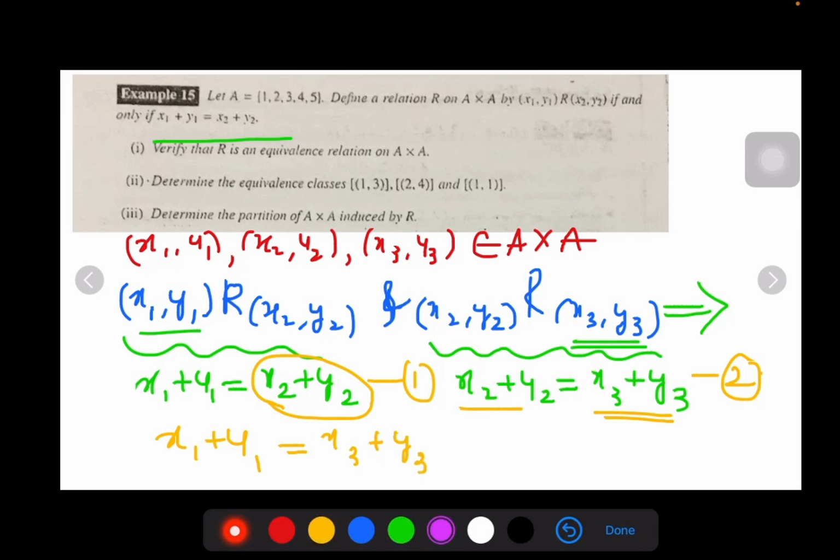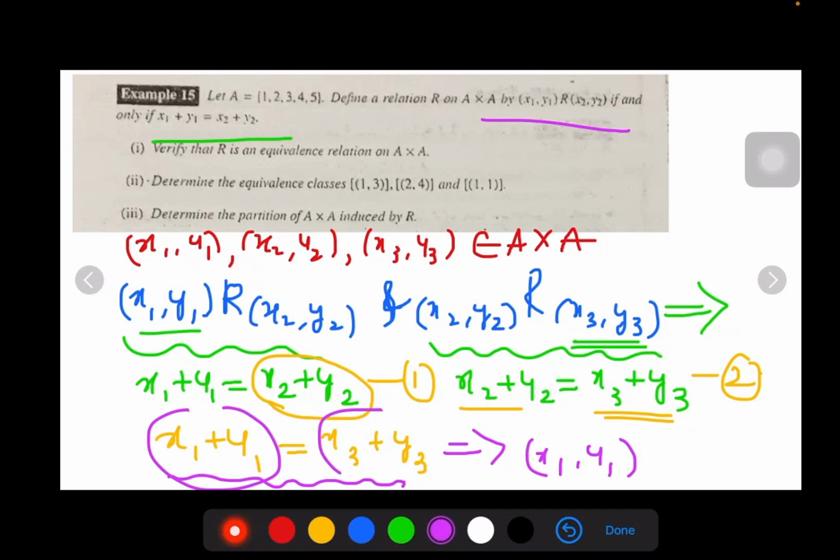So what is going to happen when I combine these two? Anything which is equal, two elements are equal, then you will be able to write in this form as per the given definition. Therefore, x1 comma y1, this element is related to this element, or x3 comma y3.